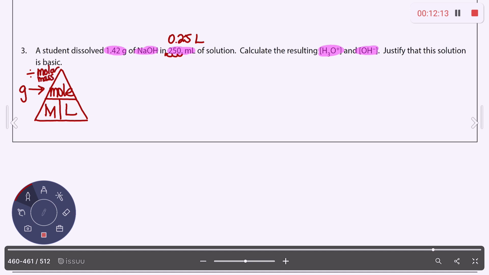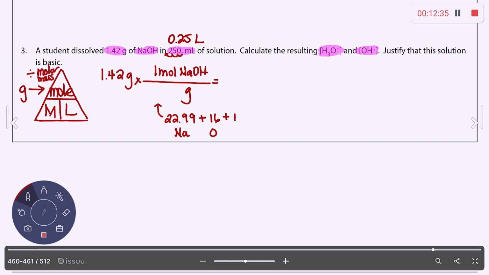Okay, so how do I figure out the molar mass of NaOH? Yep, we have to add Na to O and H. Okay, so what is Na on the atomic mass periodic table? Yeah, 22.99 is sodium. Oxygen is 16. Hydrogen is 1.01.